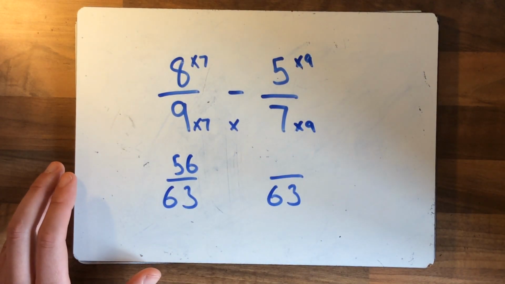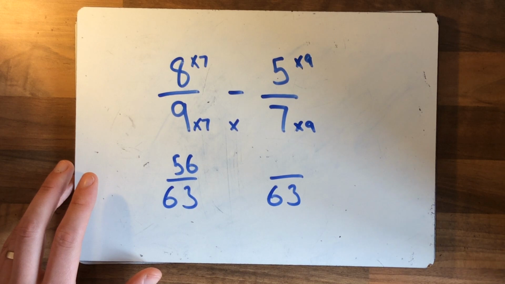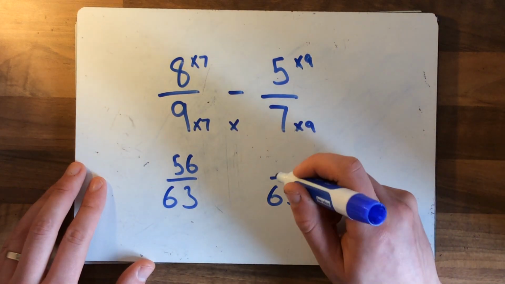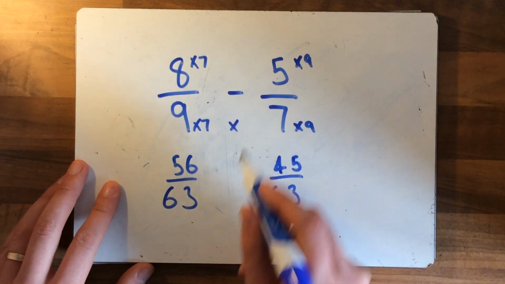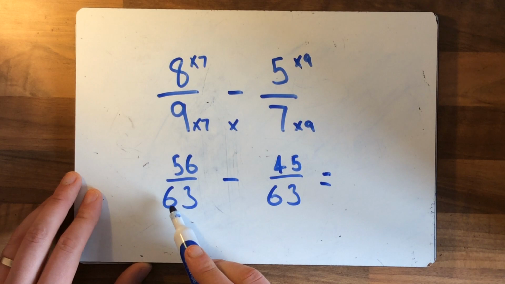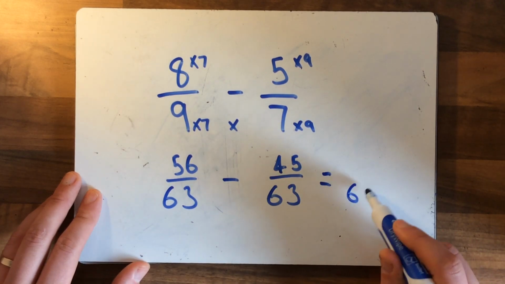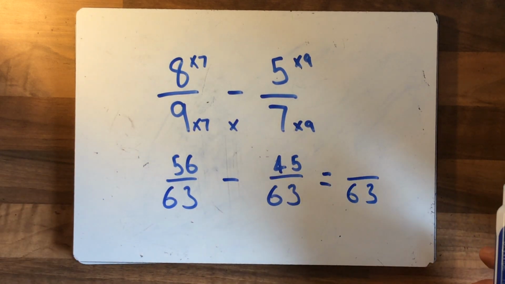So I have to times my numerator by 9 as well to get us to 45. And now we can begin to solve this. Remember that it's a subtraction, not an addition this time. We know that the denominator is going to be 63. So we've got 56 subtract 45.